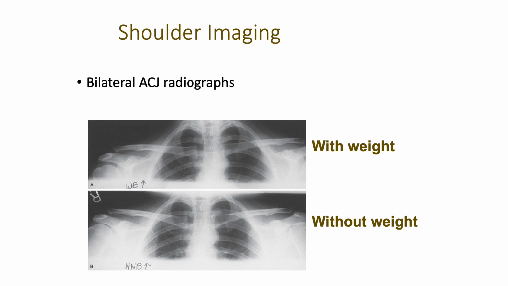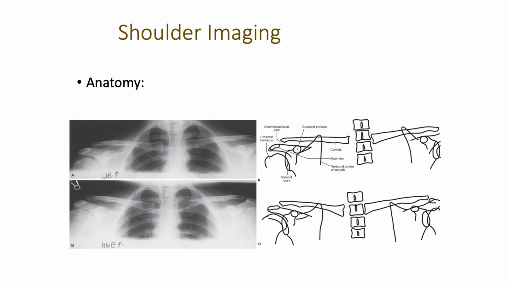These are normal. So what should happen is we shouldn't see much of a difference between a weighted view and a non-weighted view when it comes to the AC joint. Again, with the weighted view, here's all the anatomy we can see. So we can still see a lot of things.